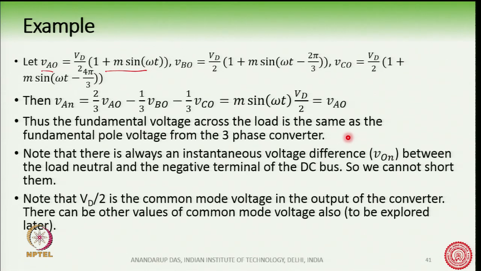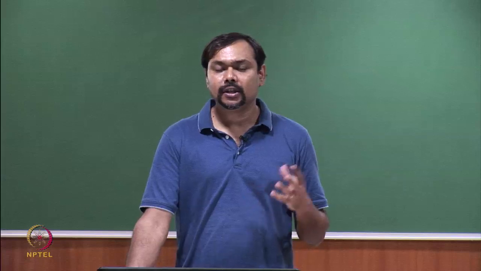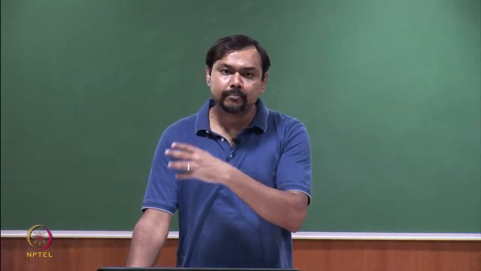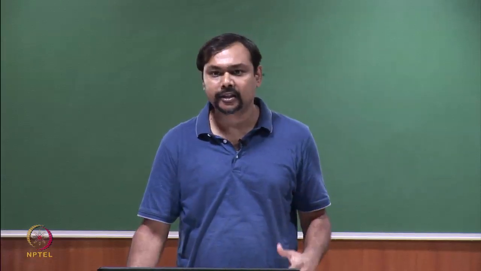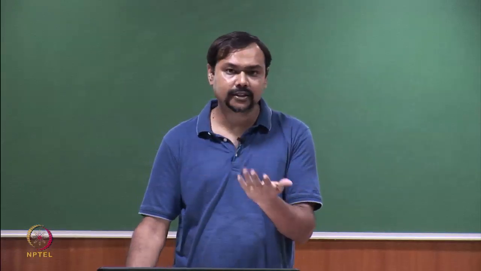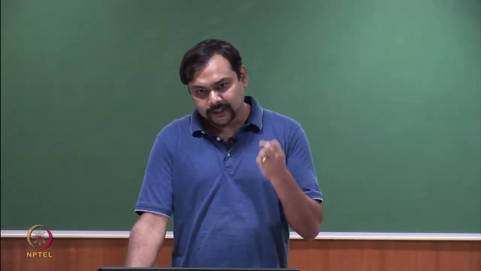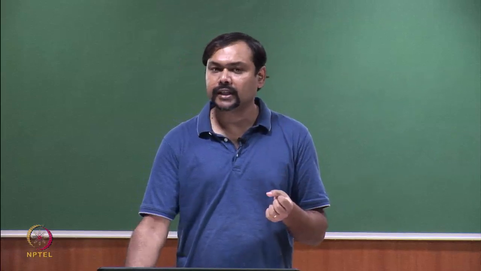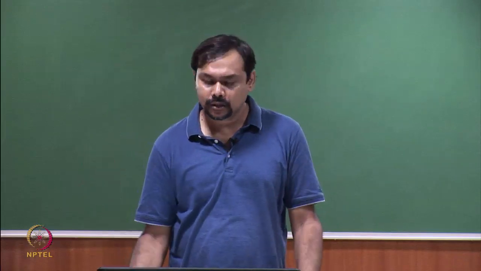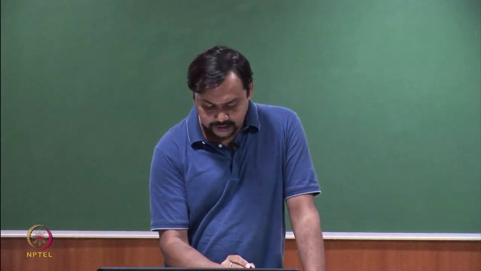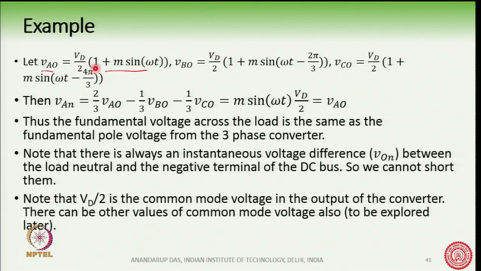This is expected because there is no loss, nothing is lost. So, the fundamental component inside the pole voltage comes across the load, but we also see that Vd by 2, the DC part which we had assumed, is no longer present in the VAN expression. Okay.